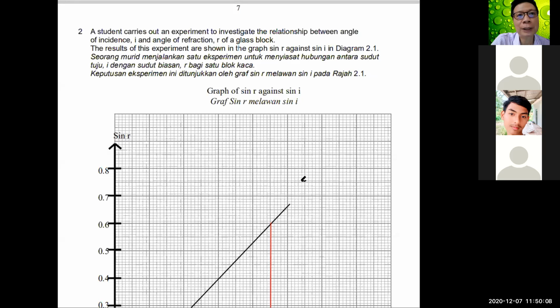The question format doesn't change so much. Every year it's the same: question 1, question 2, like that. So you need more practice on paper 3. That's why I started giving you paper 3, and yesterday I gave you another set. Let's practice more on paper 3.